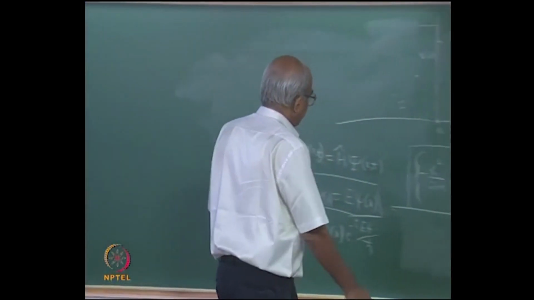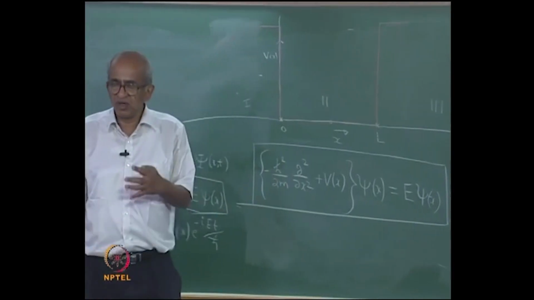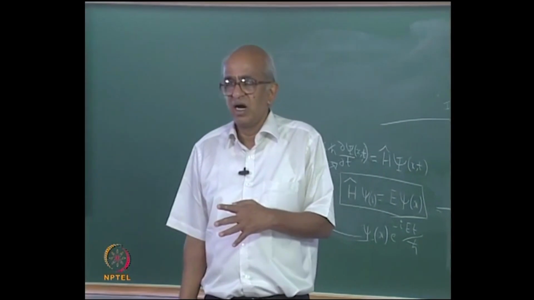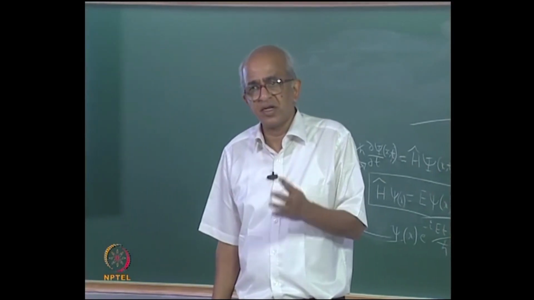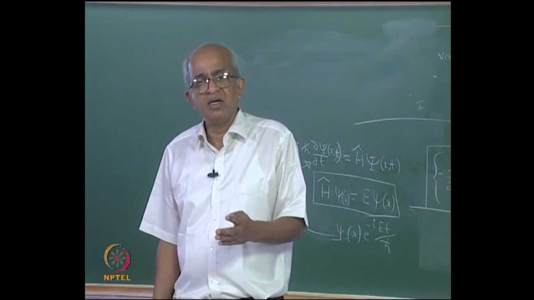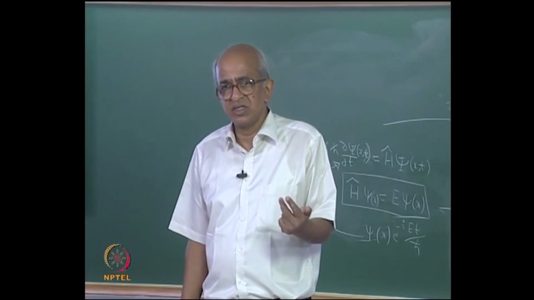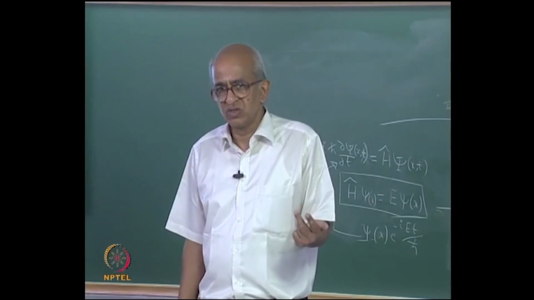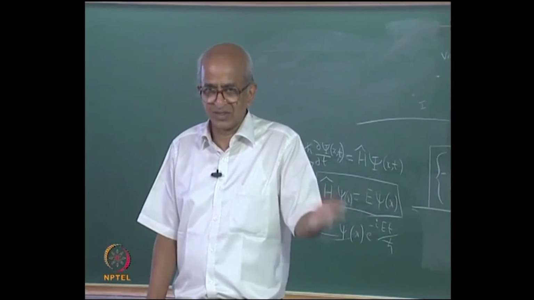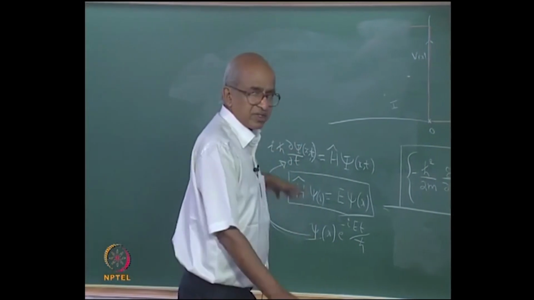That tells me what the solution should be in this region, because if the probability of finding the particle outside the box is 0, that definitely means that the wave function in region 1 as well as in region 3 must be 0, because only if the wave function is 0 would the probability, psi star psi, be equal to 0. So, I have immediately solved the Schrodinger equation.